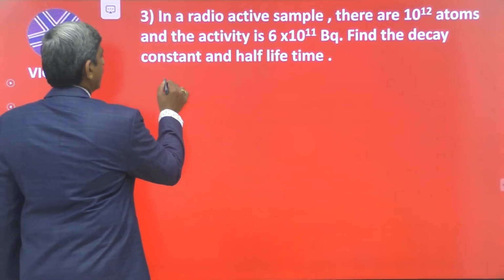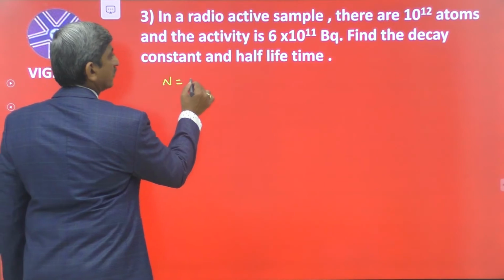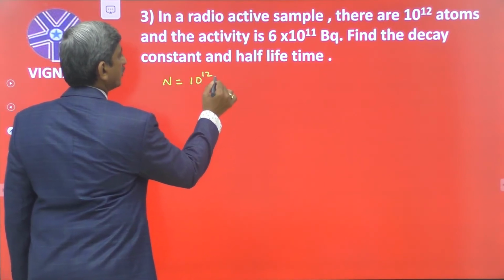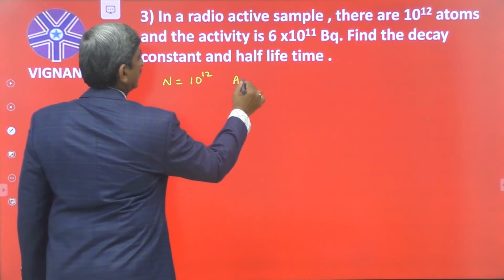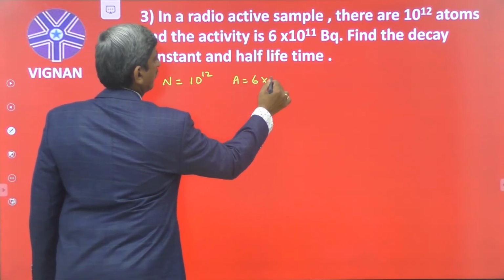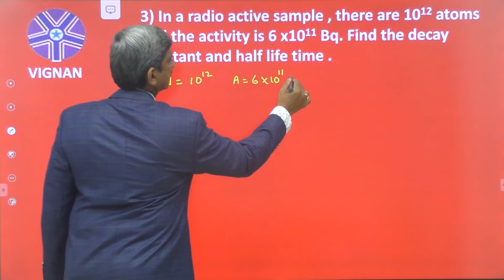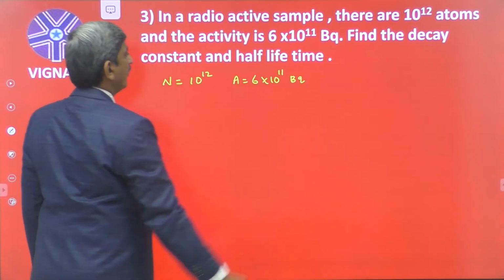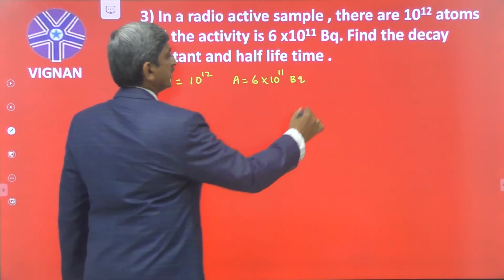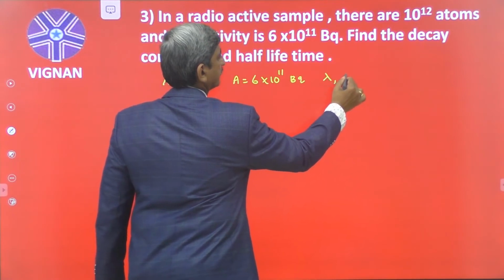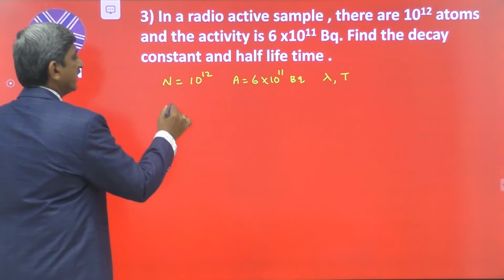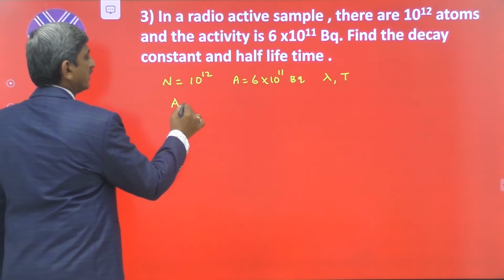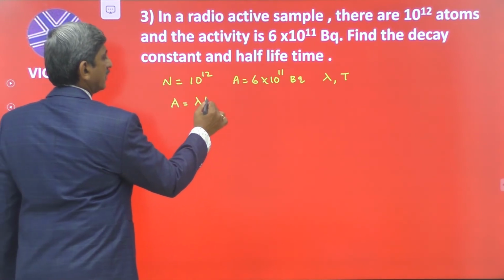So the number of atoms n is equal to 10 to the power of 12 and the activity A is equal to 6 into 10 to the power of 11 becquerels. We want to find out the decay constant and half-life time. Already we know that the activity of a sample A is equal to lambda n.